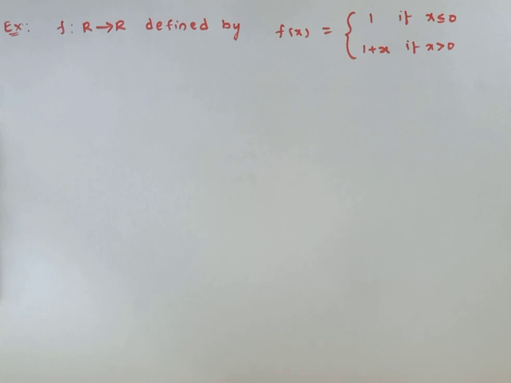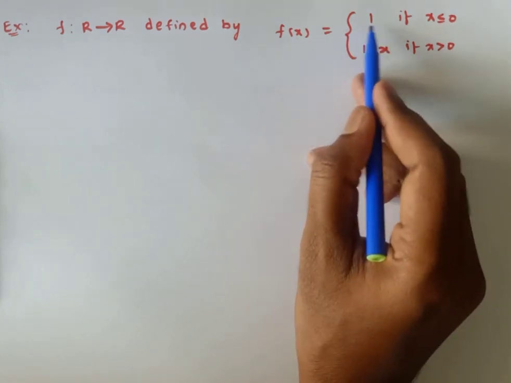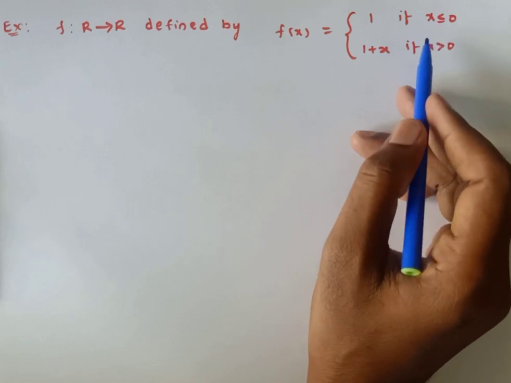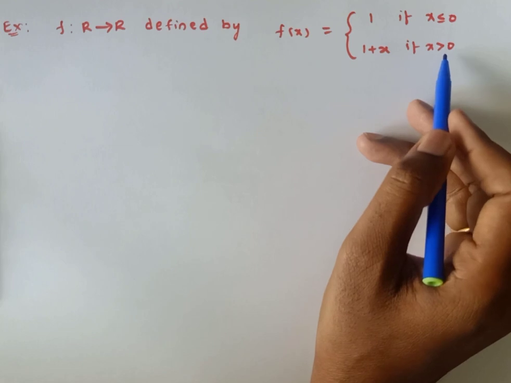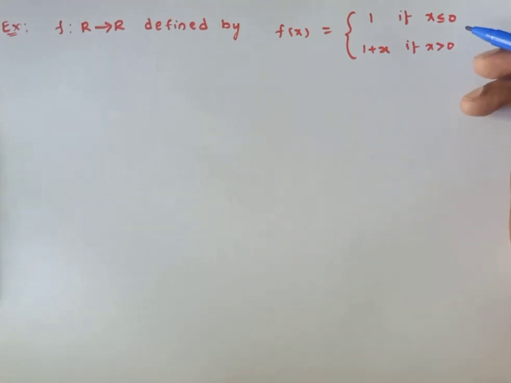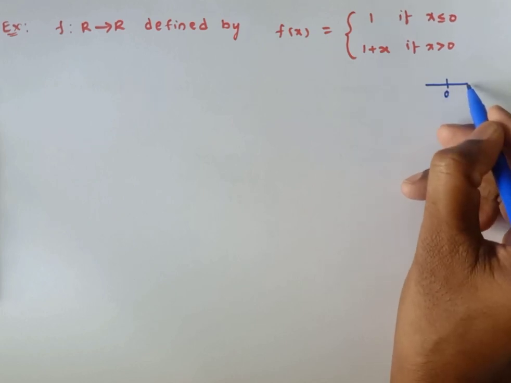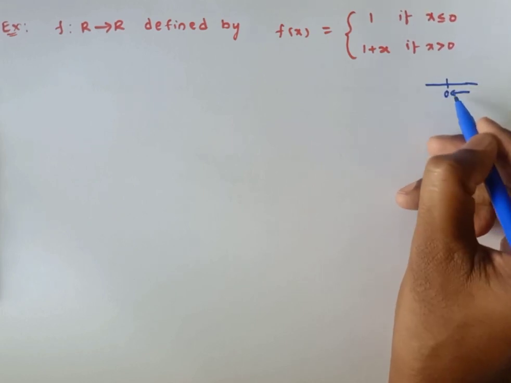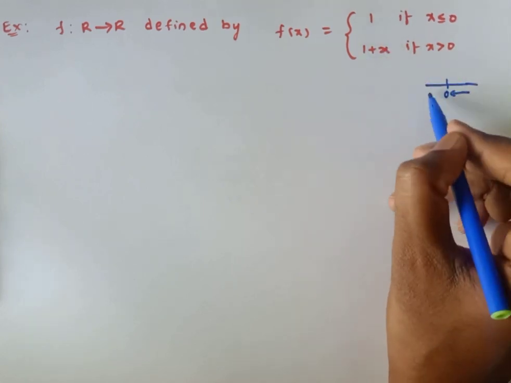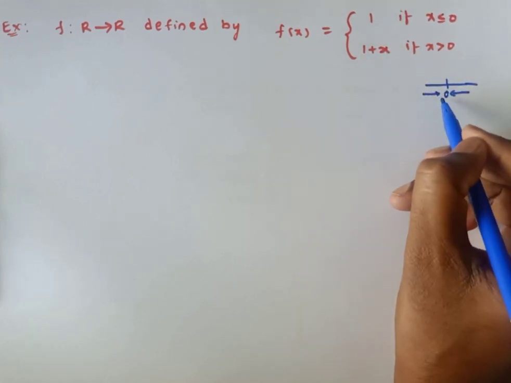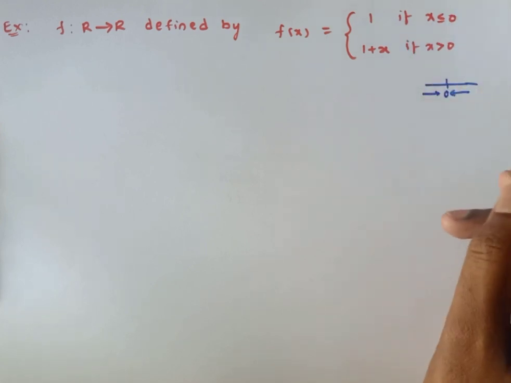So this is a piecewise defined function, right? Now here we need to take f of x as 1 when the values of x are 0 or less than 0, and f of x is 1 plus x when x is greater than 0. So here you can observe the difference. See here, if we take an x, let this be 0. Now as x approaches 0 from the right, it is a positive thing, so you need to consider the function 1 plus x. As x approaches 0 from the left hand side, the left hand side of 0 are negative values only.